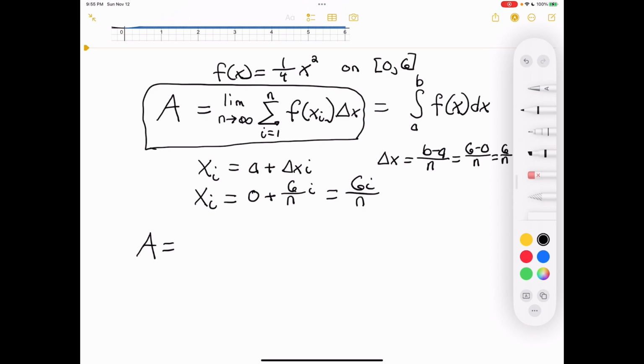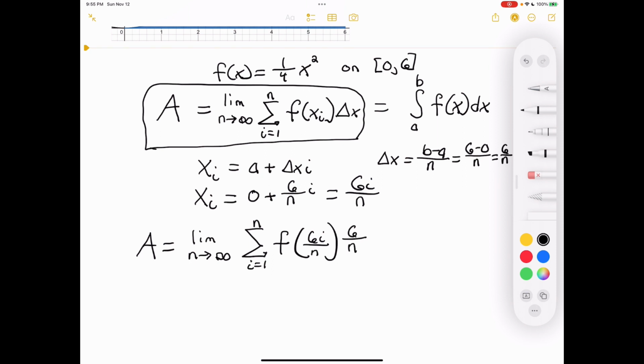So the area under the region of f of x from 0 to 6 is equal to the limit as n approaches infinity of the summation from i equals 1 to n of f of 6i over n times, well, delta x is just 6 over n.